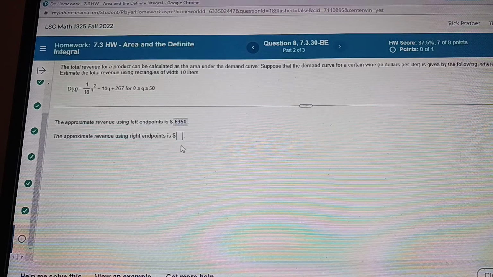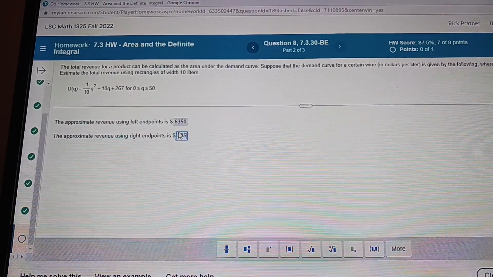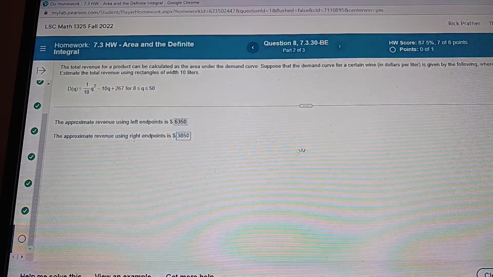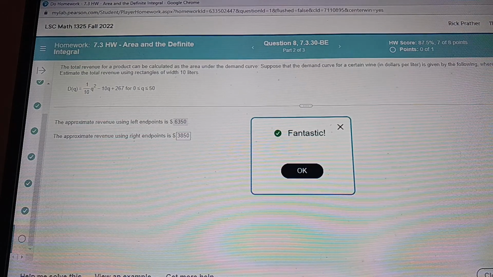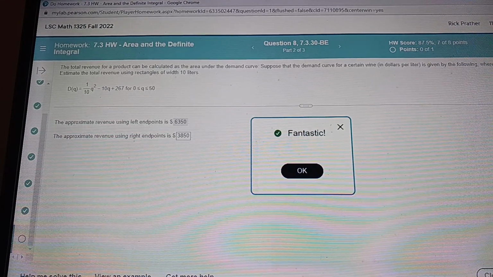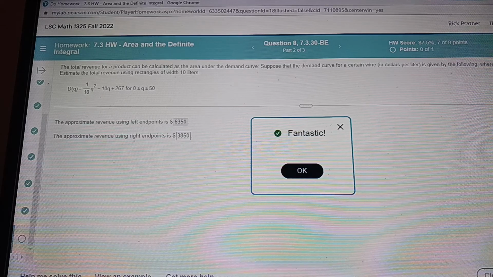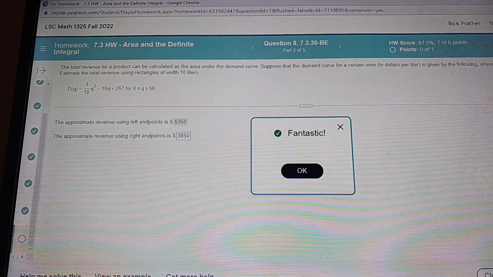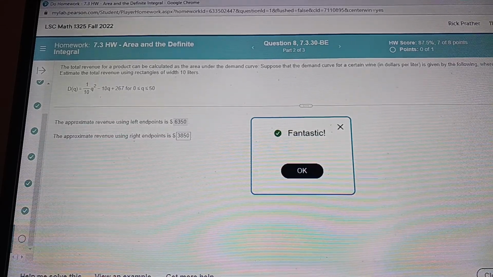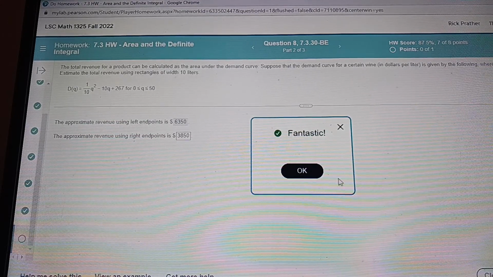So that's why that one's an underestimation. 3850. And it's not always that the left is an overestimation and the right is an underestimation. It depends which way the curve is going. So it depends if you're curving down or curving up, and how curved you are can make a difference in that too. So sometimes the left endpoints are the overestimation, sometimes the left endpoints are the underestimation.